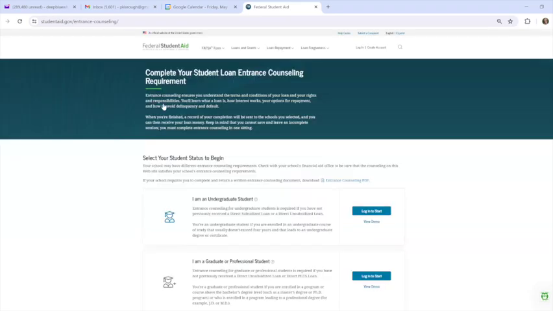And then it's going to take you to that page. If you're an undergraduate student, you're going to log into your account from here. So go ahead and take a minute. You're going to use your FSA ID and password and log in, and then follow the prompts to get completely logged into your account.